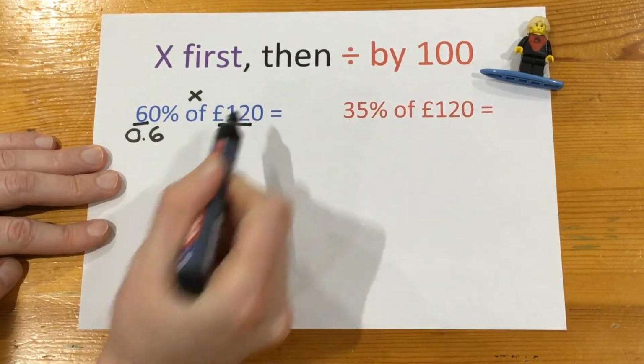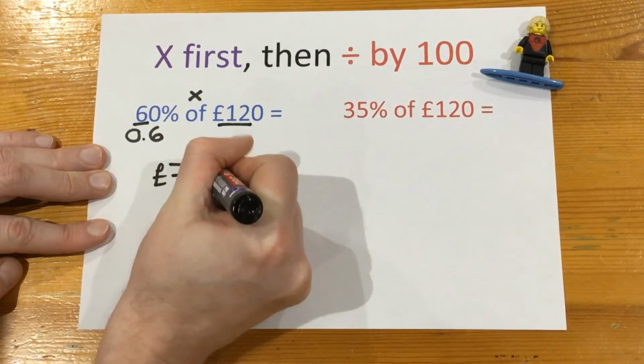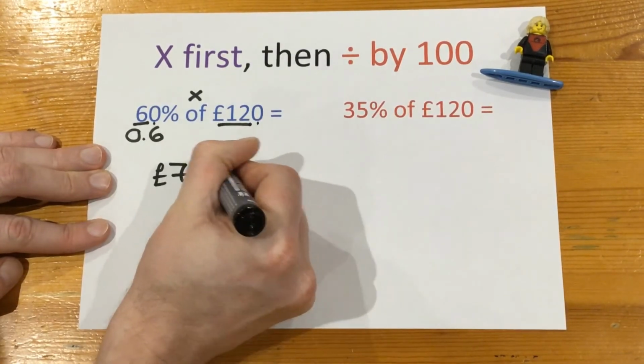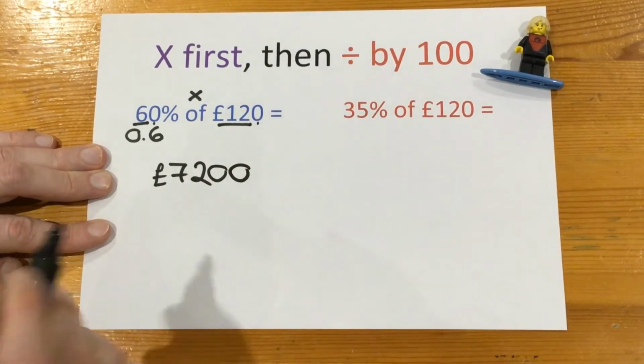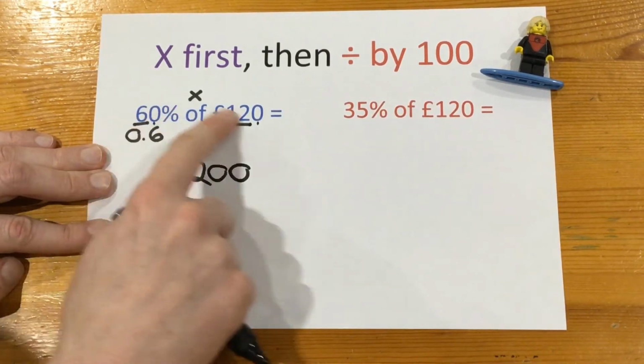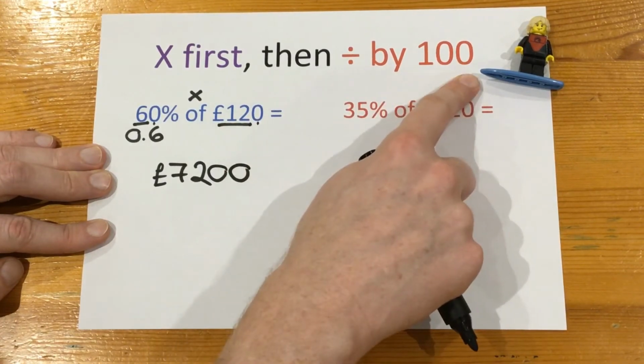6 times 12 is 72. And make it 100 times larger. So 60% times £120 is 7,200. And then I need to divide it by 100.